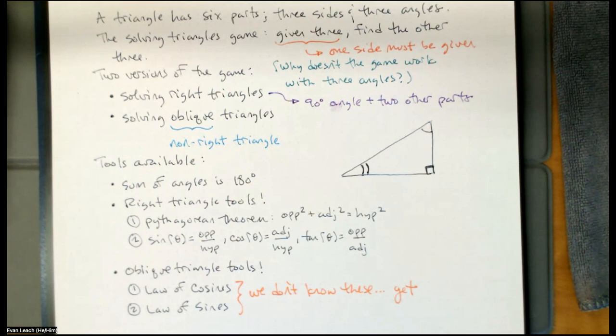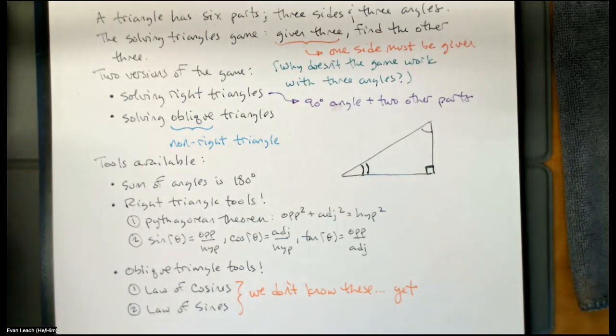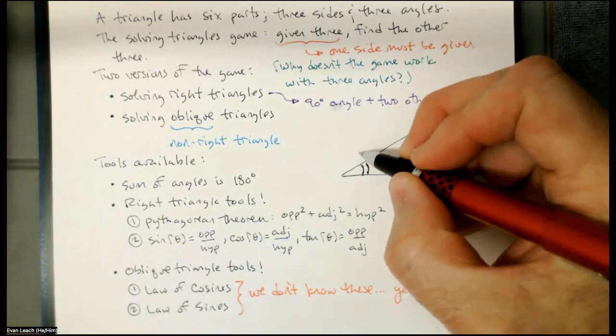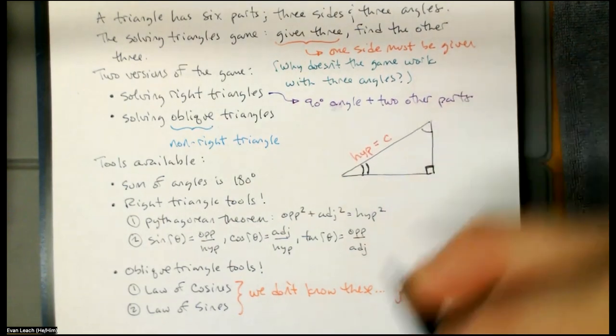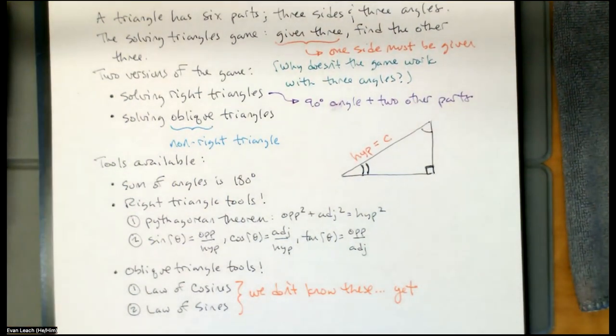When I asked what's the Pythagorean theorem, everybody said a squared plus b squared equals c squared. That requires that we all agree to use c as the hypotenuse. So the hypotenuse will always be c. That's a lowercase c, although I'm writing it so you can't really tell, but I assure you it is a lowercase c. It's also italicized, but that's not something I can express in my writing.